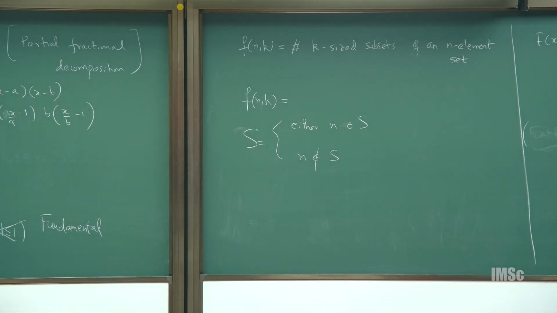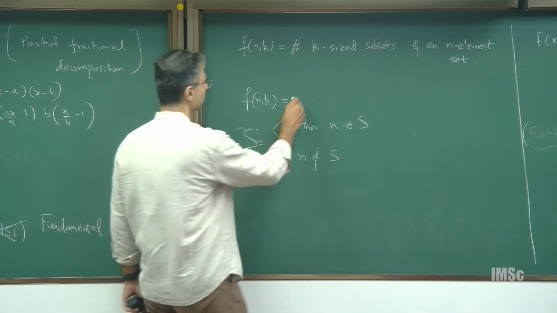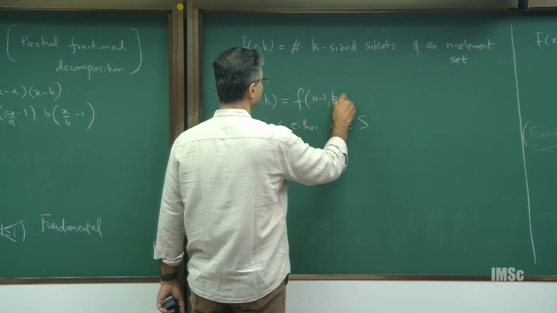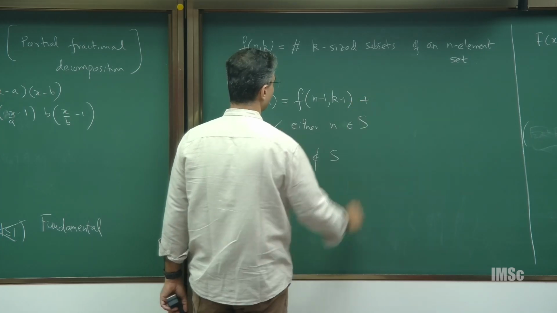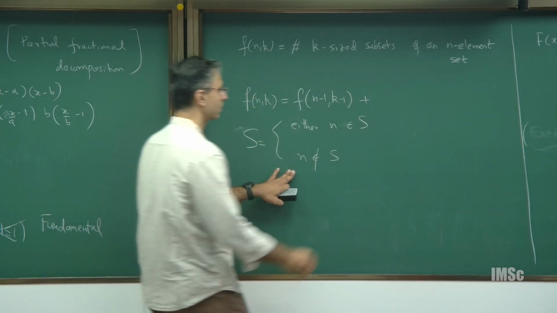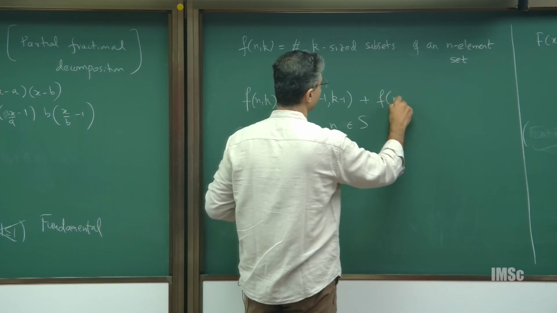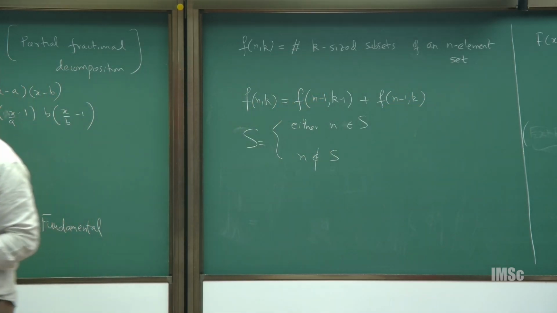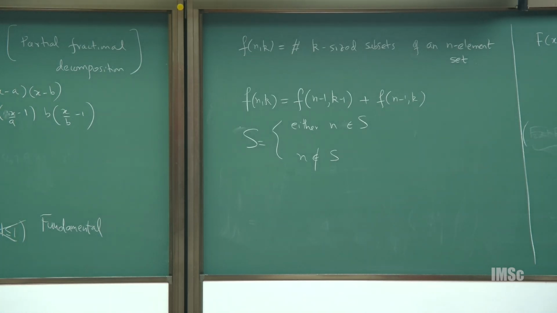N minus 1, k minus 1, right. F of n minus 1, k minus 1, right. So, from the remaining n minus 1, pick the remaining k minus 1, or from the remaining n minus 1 pick k, right. That is the recurrence that we know. Okay.